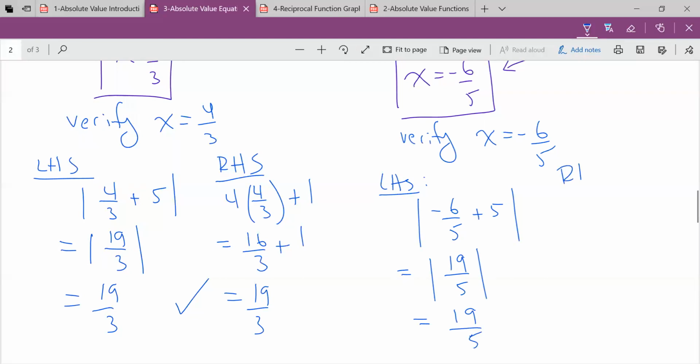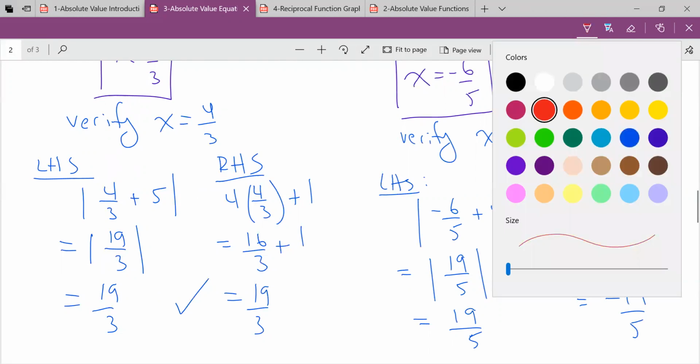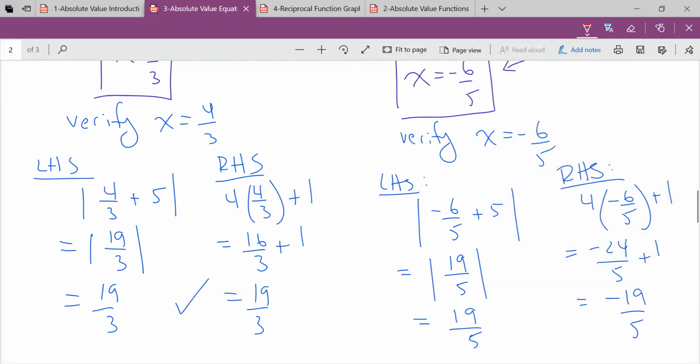What do we get on the right-hand side? It was 4x plus 1. So 4 times negative 6 over 5 plus 1 is negative 24 over 5 plus 1, which is 5 over 5, so that's negative 19 over 5. Well, does positive 19 over 5 equal negative 19 over 5? Sir, no, sir. No chance.